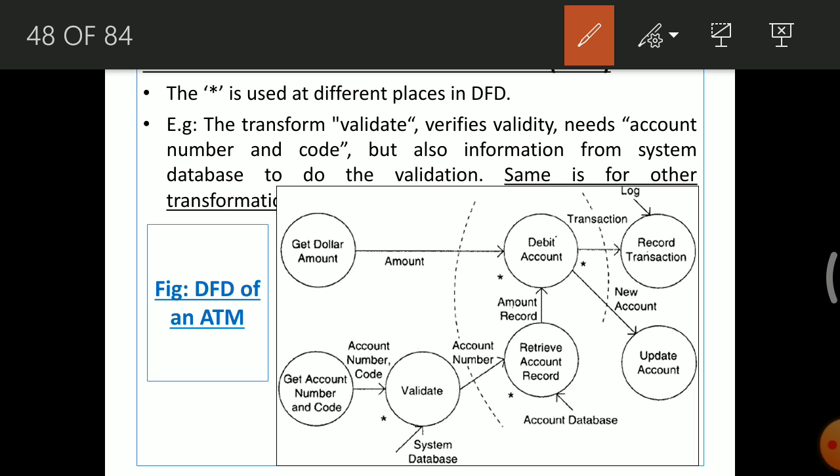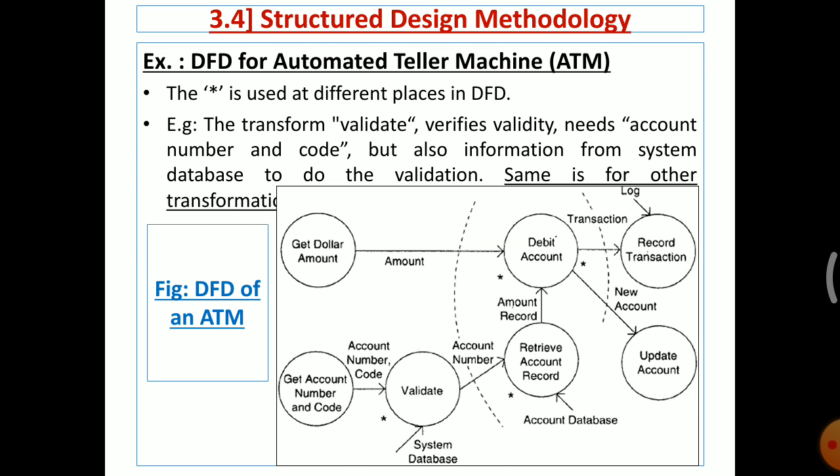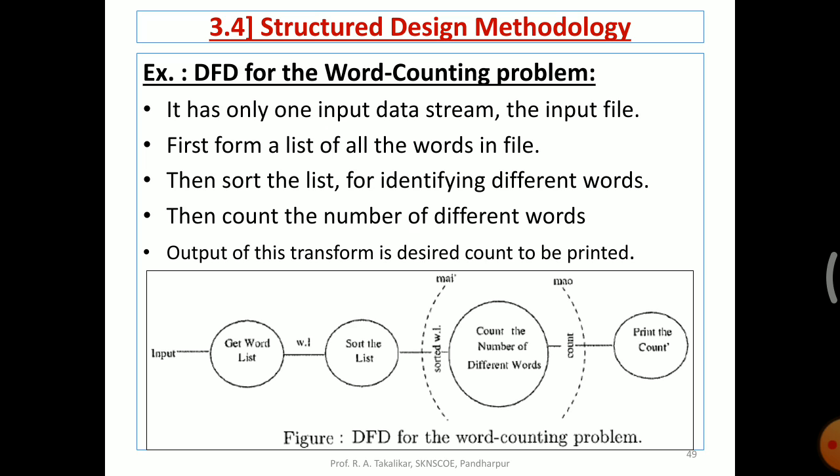We are currently in the first step of the SDM strategy. Take another example: we have to draw the DFD for another problem, such as the word counting problem. After learning the DFD for ATM, we see another example.